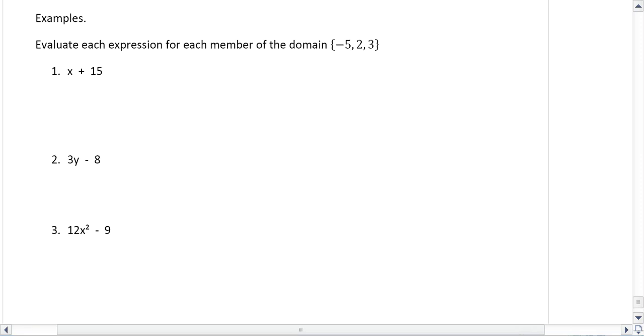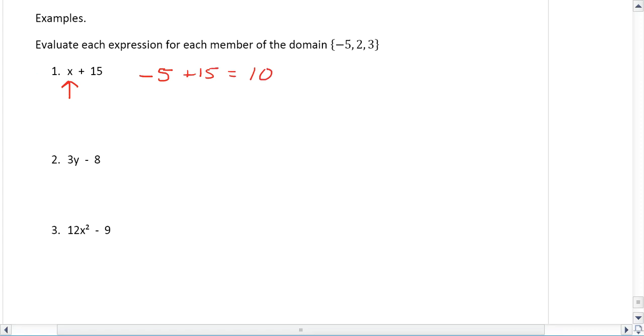And now for some examples. We are asked to evaluate these expressions for each member of the domain: -5, 2, and 3. So one at a time, we're going to take those elements of the domain and put them into the expression. First of all, let's take the -5, and where we see this x right here, we're going to take out the x and put in the -5 and then add 15.